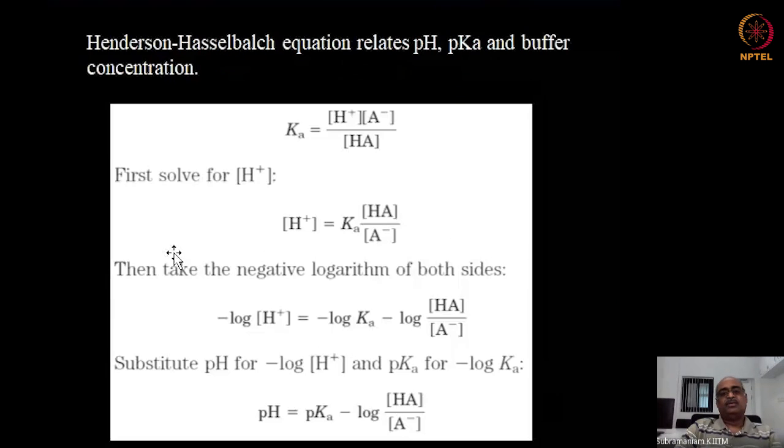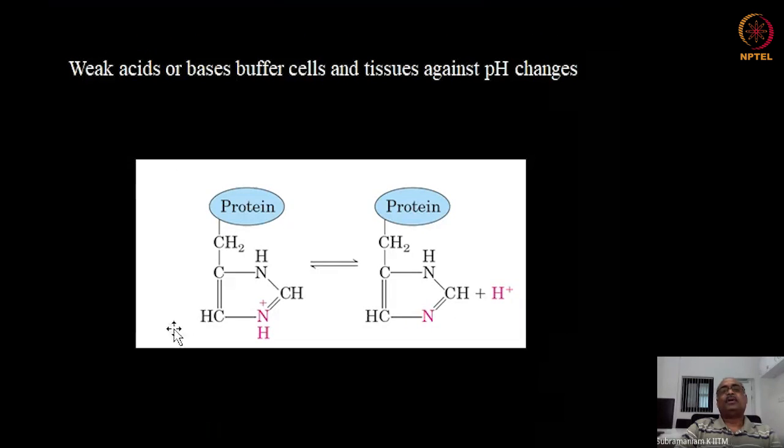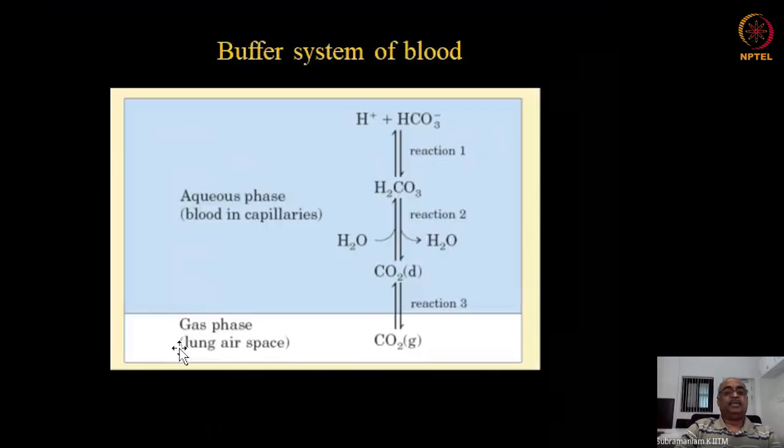Okay. So that is automatically possible in the case of carbonic acid, simply because our lungs can take in required carbon dioxide to make more carbonic acid, or they can throw away carbon dioxide to reduce the carbonic acid concentration.